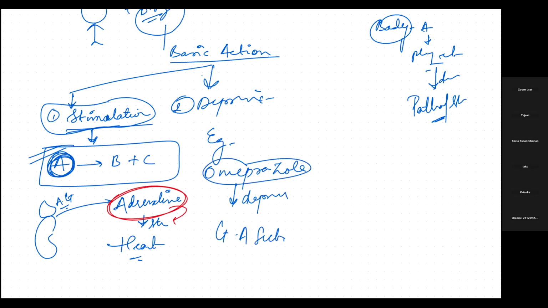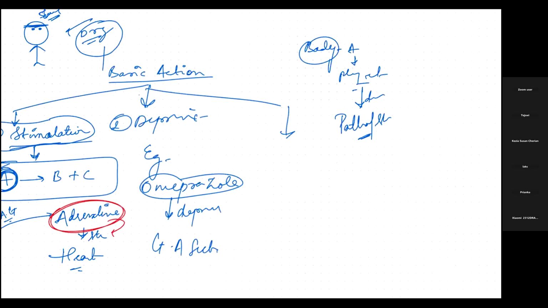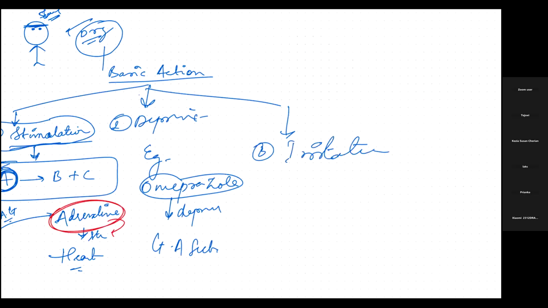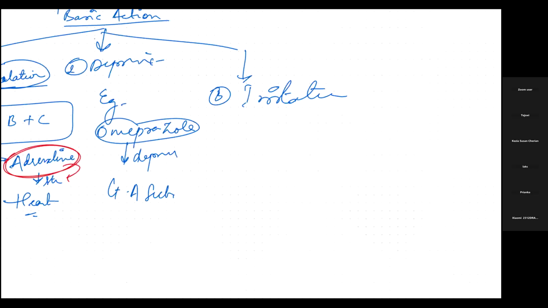Now the third basic action that any drug can perform is irritation. There are certain drugs which act as irritants, and mostly it is non-selective. This irritant can be harmful, it can produce a mild harmful effect, but it can be a useful effect indeed. Irritation may lead to inflammation, corrosion, necrosis, but mild irritation can stimulate certain functions.